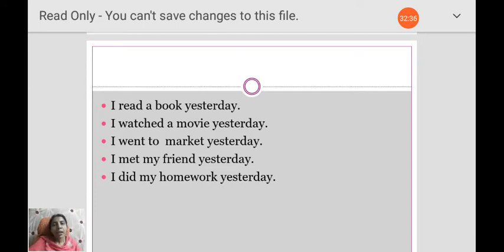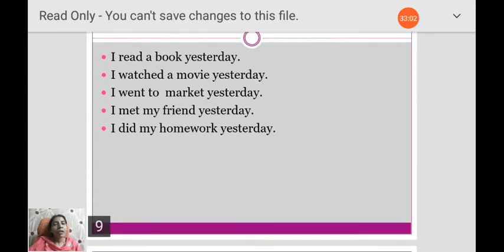I bought vegetables. I ordered my medicines online. In that way, you can write as many sentences as possible. It's up to you how many you write.